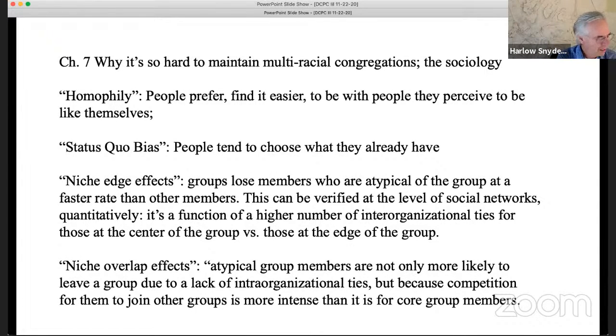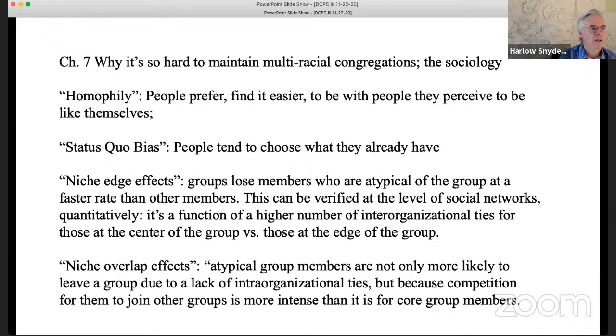And they say this with reference to an experiment in Seattle with an interracial congregation. As they examine over a period of a couple of years how this very explicitly intentional interracial congregation, dedicated to the idea of an interracial faith community, gradually became monoracial. It actually became a Black congregation.